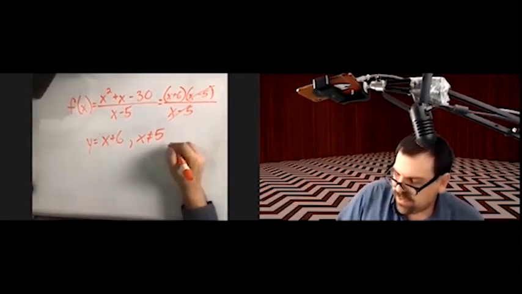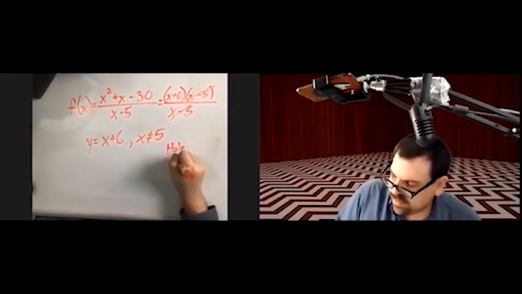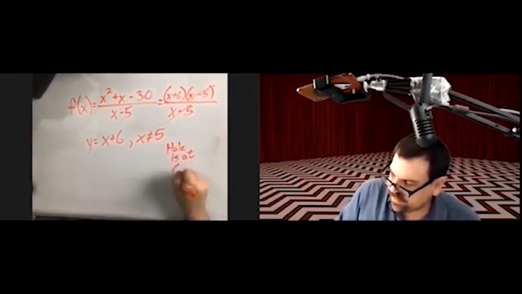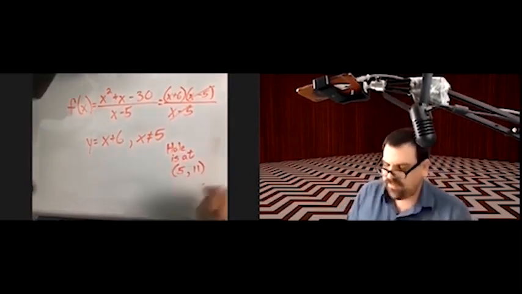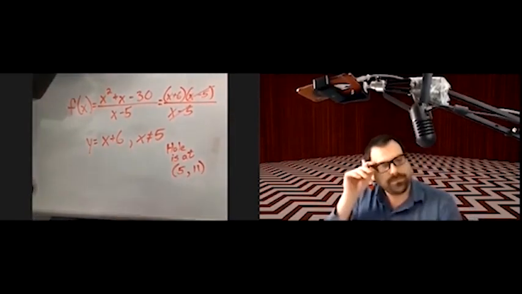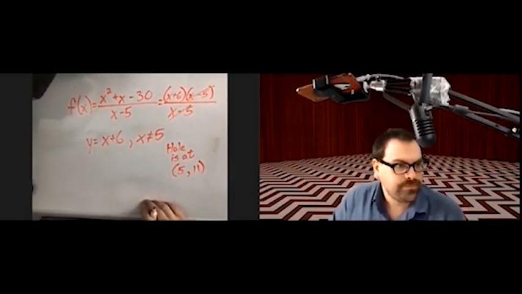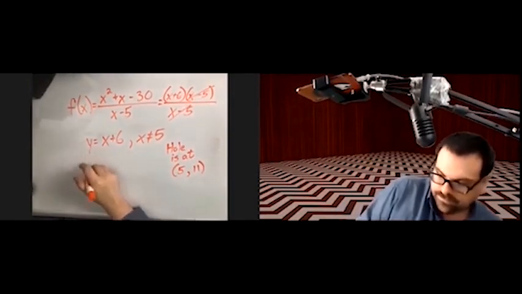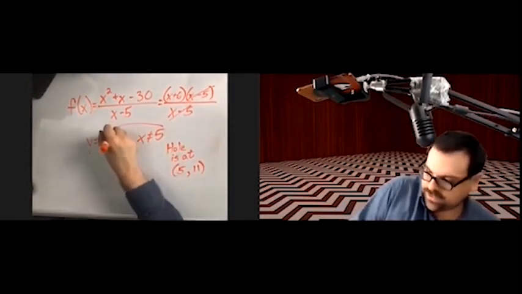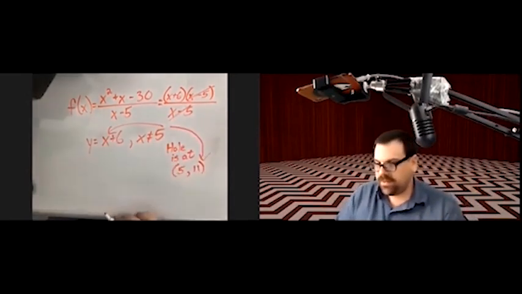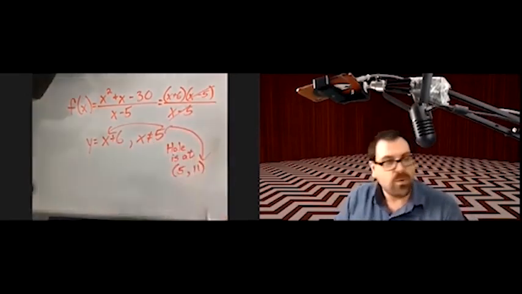It would be 11. So the hole is at the point 5, 11. So you'd plug it in to find the y value of the hole.